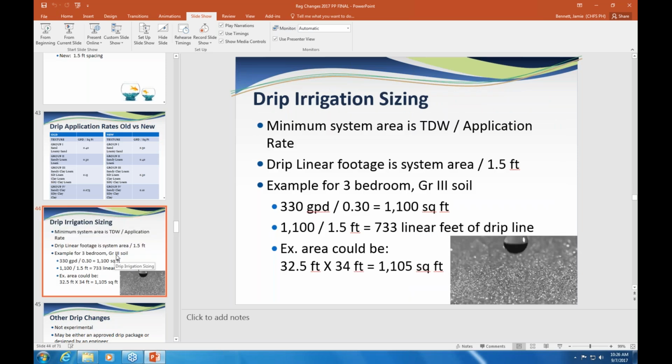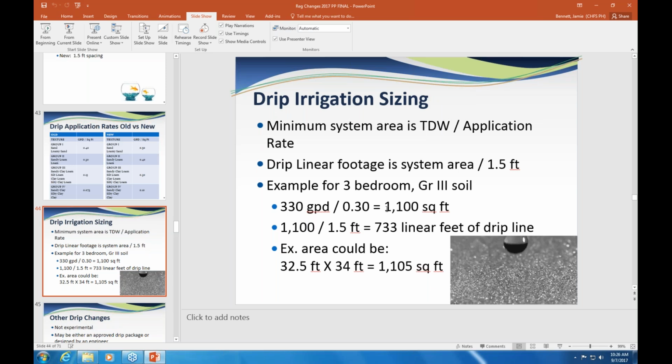Everybody good? All right, drip irrigation sizing. The minimum system area is the total daily waste flow divided by the application rate. Drip linear footage is the system area divided by 1.5. This is group 3. So for a 3-bedroom group 3 soil, it's 330 gallons per day divided by 0.3.